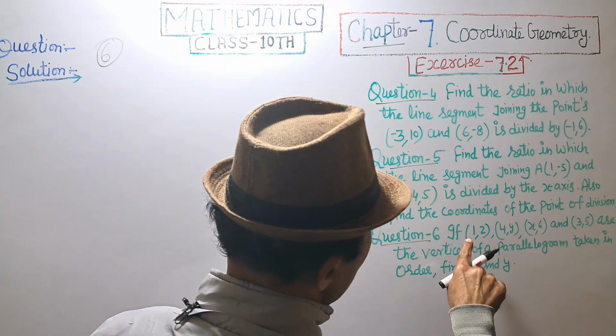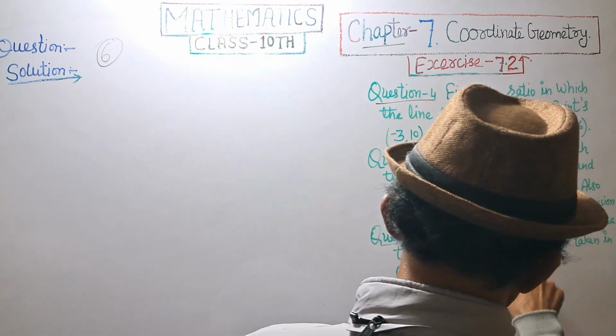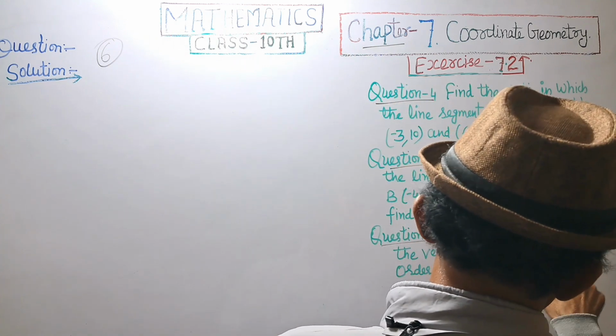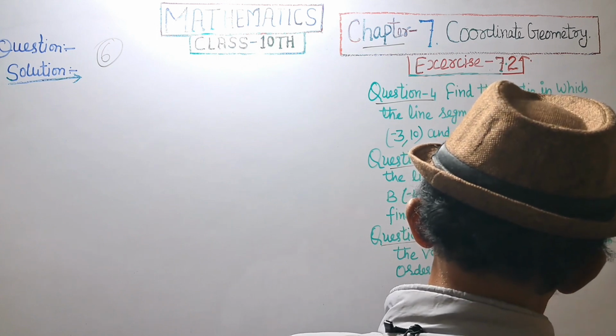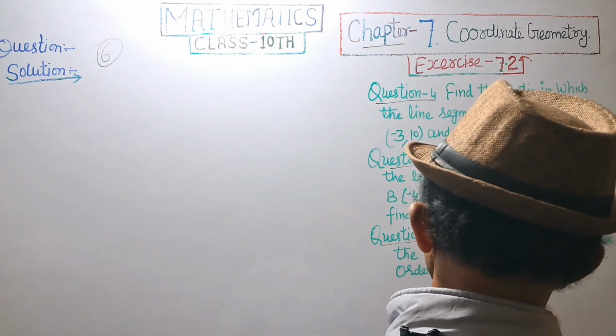If (1, 2), (4, y), (x, 6) and (3, 5) are the vertices of a parallelogram taken in order, find x and y.